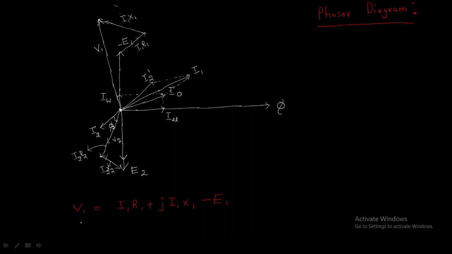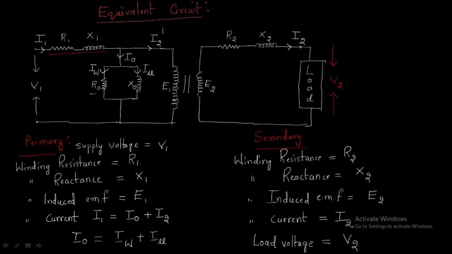Next, we can write E2 equal to I2 R2 plus j I2 X2 plus V2. A simple formula: E2 is the source, I2 R2 is one drop, I2 X2 is another drop, and V2 is the voltage.